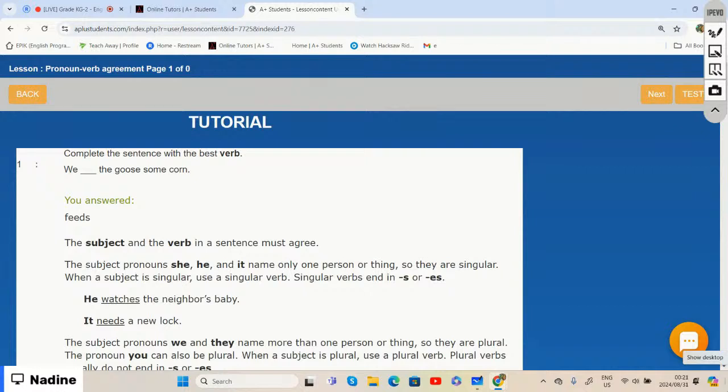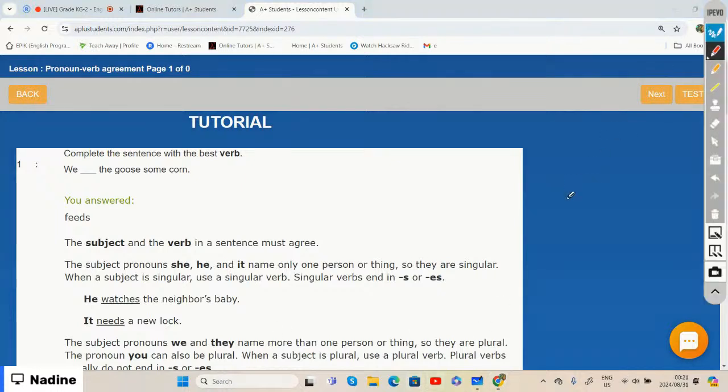And remember, we said that our subject needs to agree with our verb.